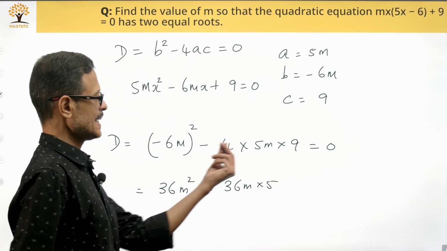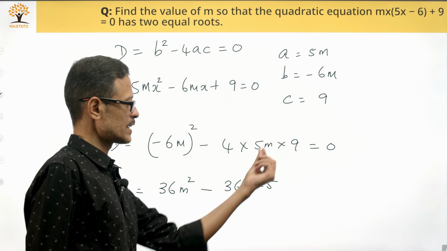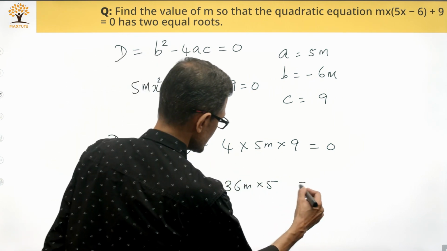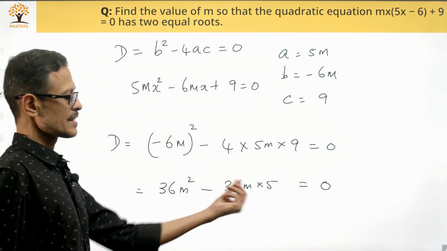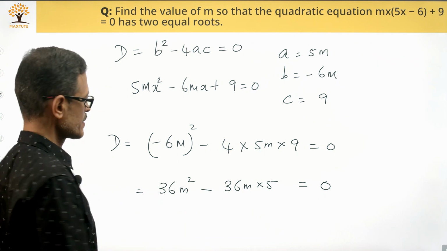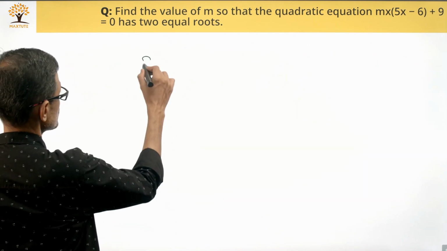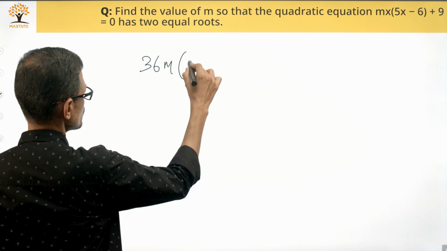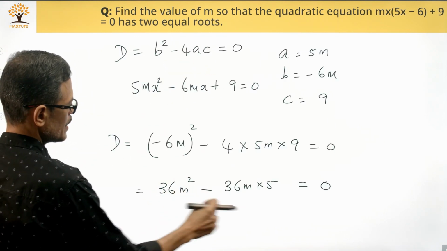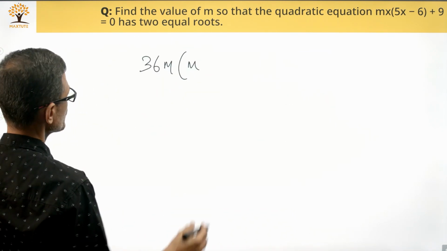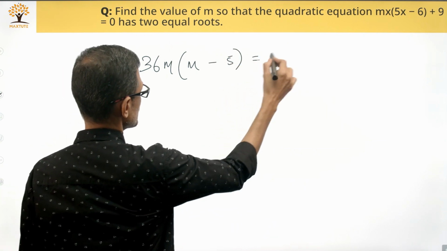So I'm just rewriting it as 4 into 9, 36 into m, 36m into 5. This is equal to 0. Realize that 36m is a term common to both these parts. So let's take 36m common outside. There's going to be an m left in the first term and a 5 left in the second term. So 36m times (m minus 5) is equal to 0.